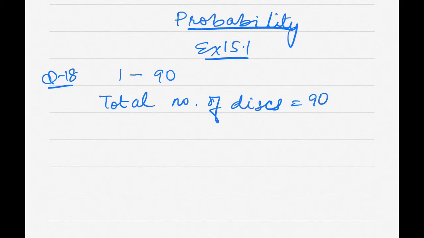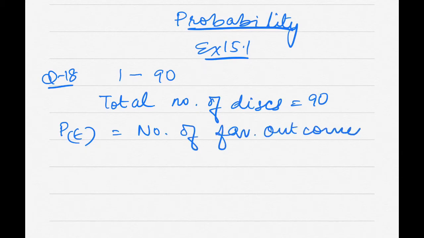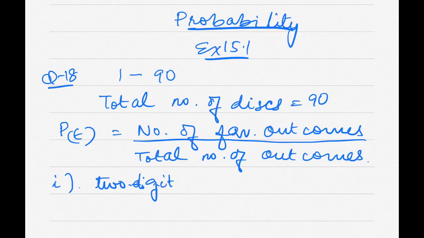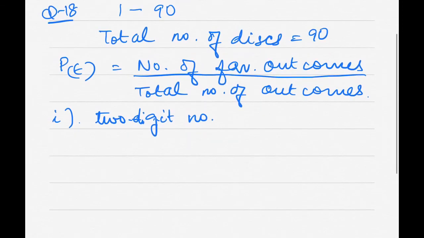Now first I'll write down the formula: number of favorable outcomes by total number of outcomes. In the first part they're asking the probability that it bears a 2-digit number. How many numbers will be 2-digit numbers?